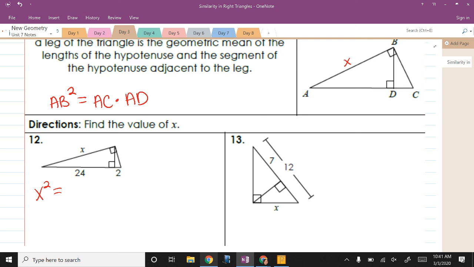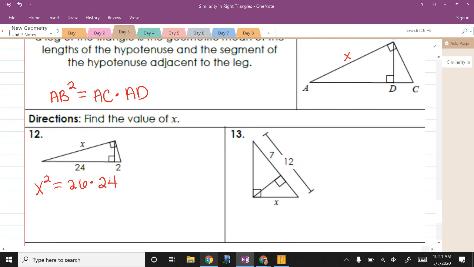So what's the length of the whole hypotenuse there? 26. Good. Times what's the length of the leg closest to it? 24. So X squared equals 26 times 24. What is 26 times 24? 624. So X squared equals 624.